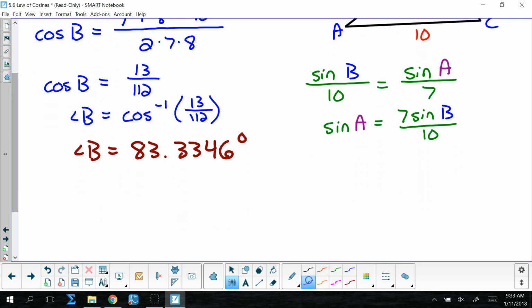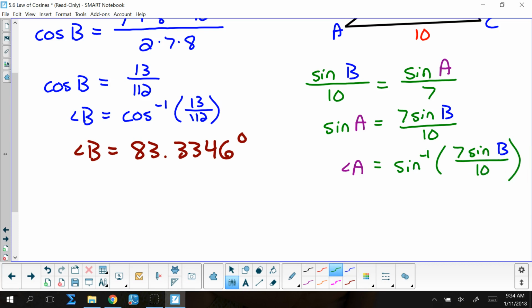So angle A is equal to the inverse sine of 7 times the sine of angle B divided by 10. I like to leave everything on my calculator, so I just write it as angle B, but I know it's already on my calculator. Then I got angle A here as 44.0486 degrees.